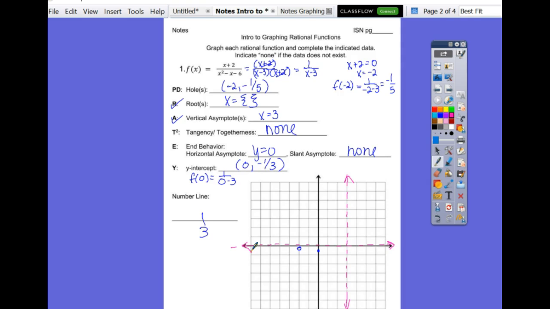So why do I put the roots and the vertical asymptotes on the number line? It is to test it. The reason we test it is because those are the points where the function is going to change from positive to negative. And on all of the homeworks you did, not a single one of you ever noticed that if you get positive for the first one, the next one has to be negative.